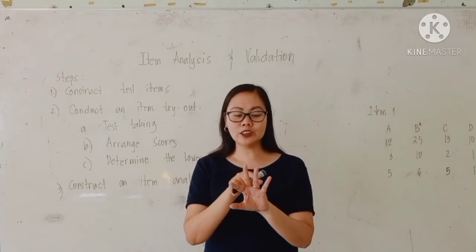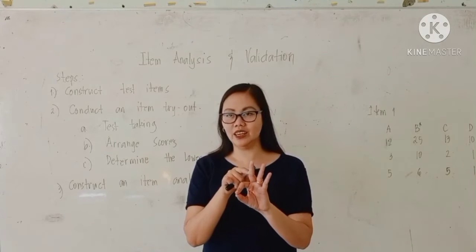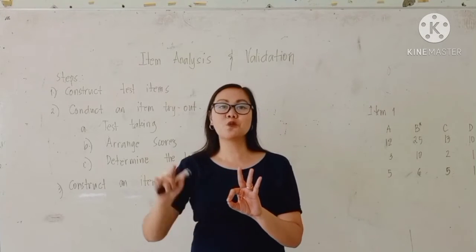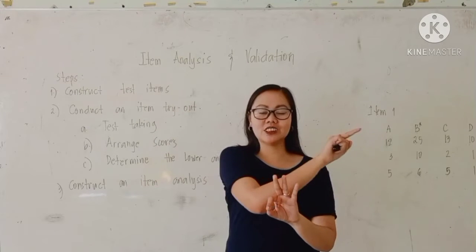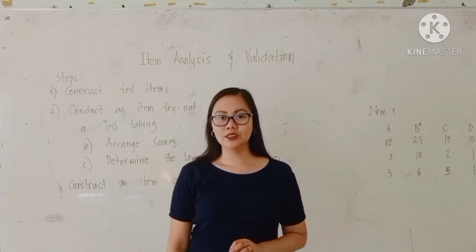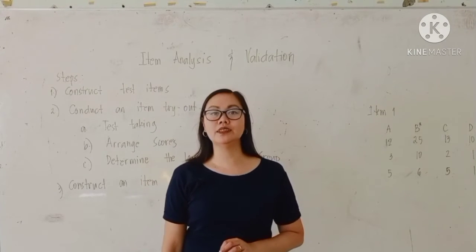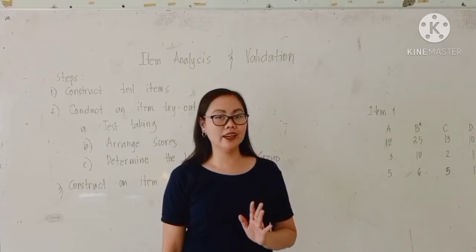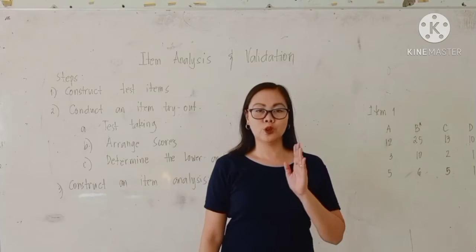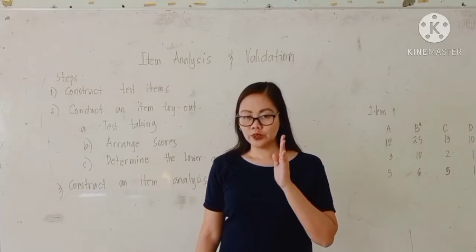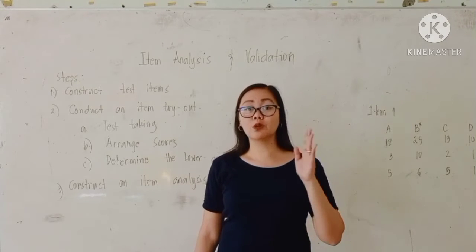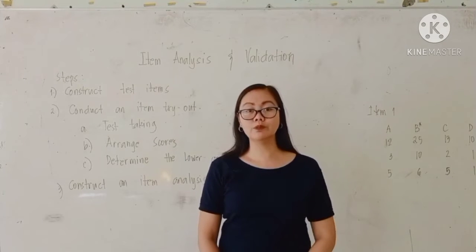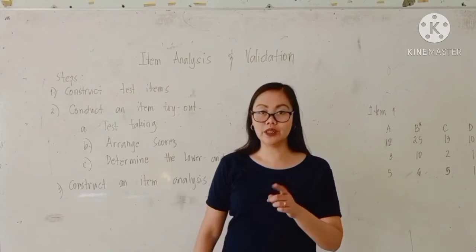Kung 3 na lang yung natitira mong test item, at the end of your test, kulang ng 2 at hindi siya nakapantay sa table of specification. Okay? I hope that is clear. So, the first step in item analysis is constructing test items which are double the number of what is in the table of specification. So, document.